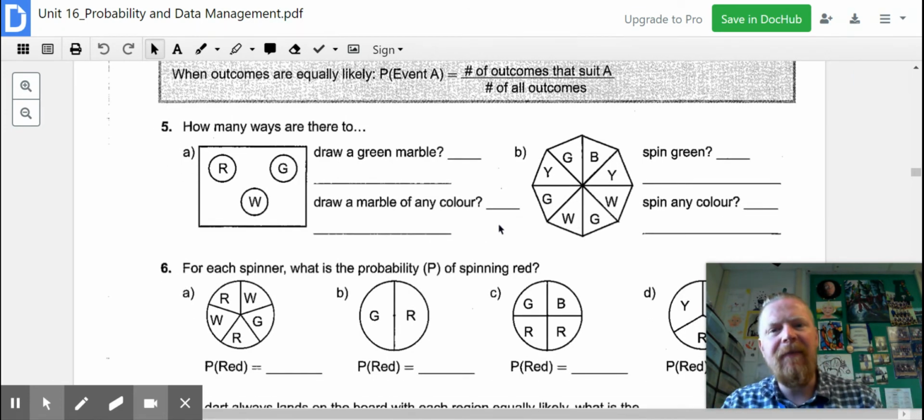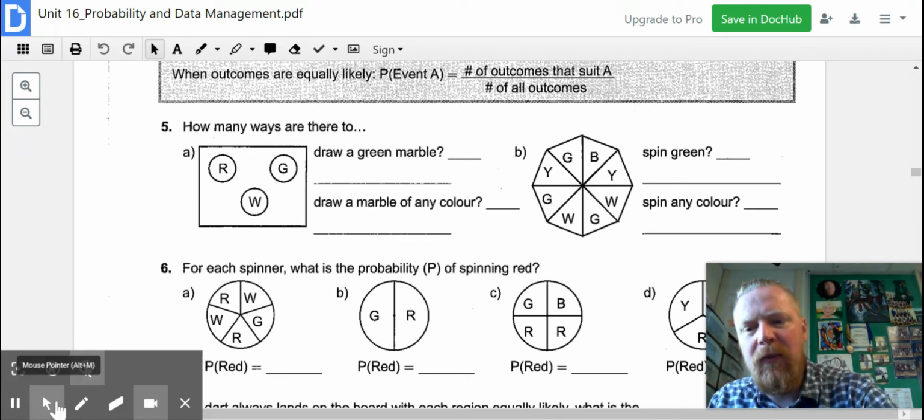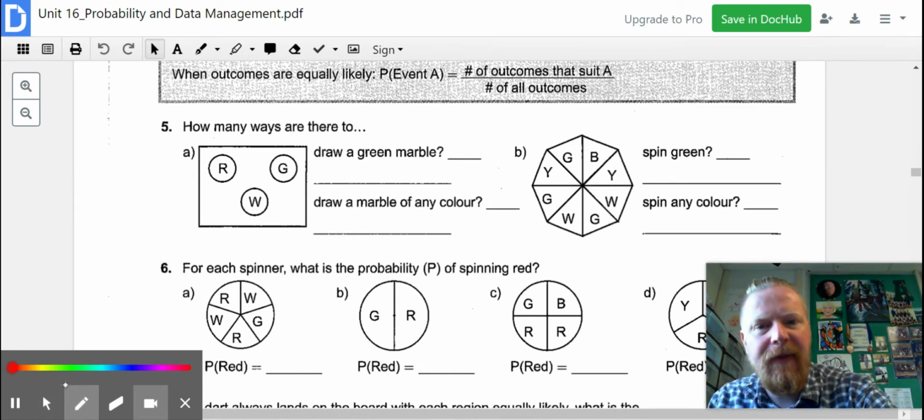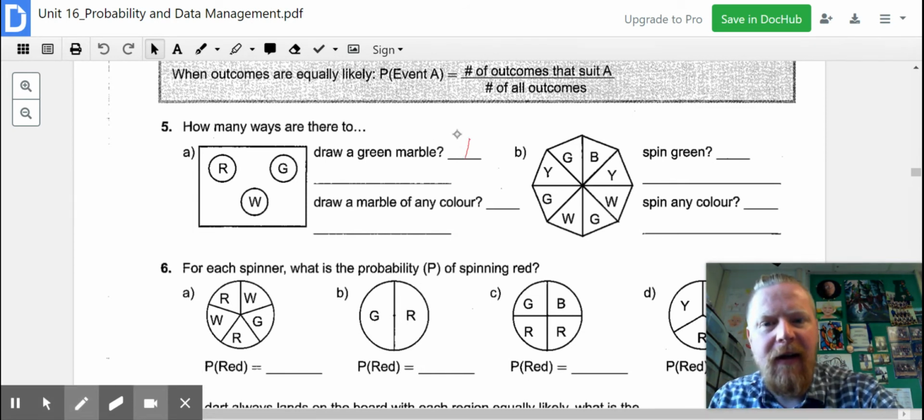Number 5, how many ways are there to draw a green marble? Well, there's only one way, isn't there? Because there's only one green marble, right? How many different ways are there to draw a marble of any color? Well, there's a total of 3 marbles there. Okay. What about this one here?